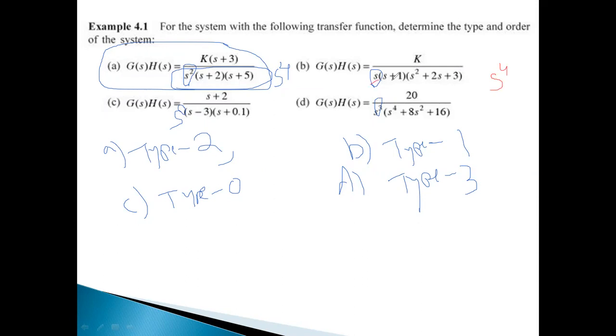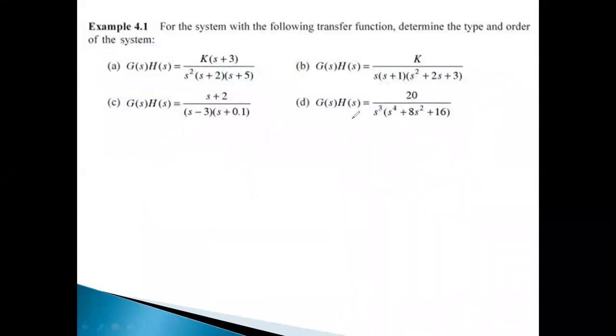If we multiply, you will get s to the power of 4. In the last case, you will have s to the power of 7, the maximum power. So this is a fourth order system, this is also a fourth order system, here it is a second order system, whereas in this case it becomes a seventh order system. Like that we can define order and type of the system.